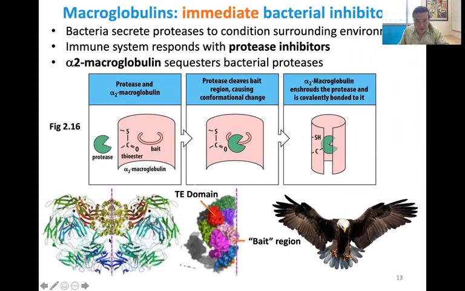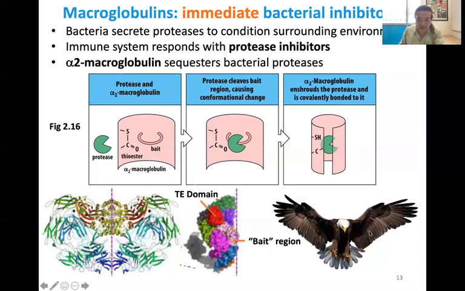Right down the middle, if you put this dotted line, let's just look at the left half of it. If you fill in the electron orbitals of all the amino acid side chains, you can see here is where the thioester bond domain is currently held. And then this region across the middle here is the bait region. So when that bait region is broken, the whole thing closes up, right?